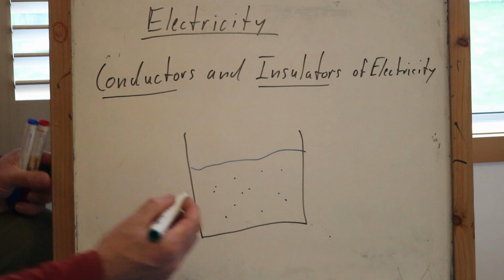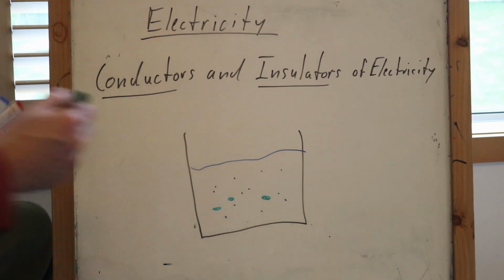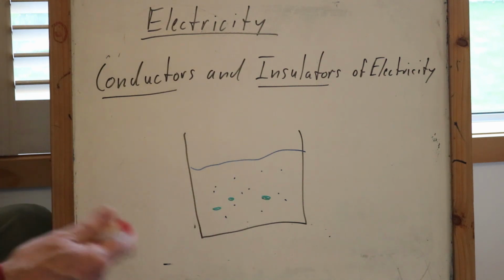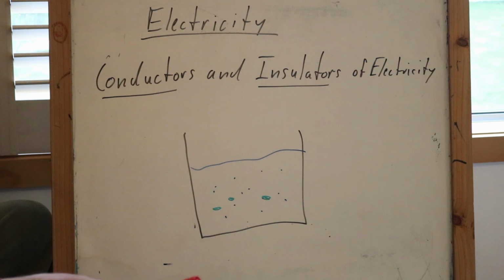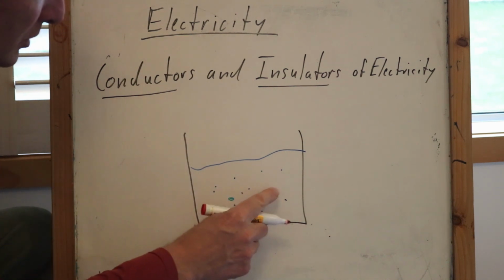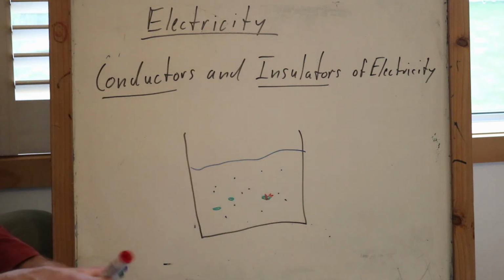However, if we had substances dissolved in our water, these mineral salts, fertilizer bits, cow urine, whatever it was, as they dissolve in water, they split up into ions. One bit is positively charged, one is negatively charged.